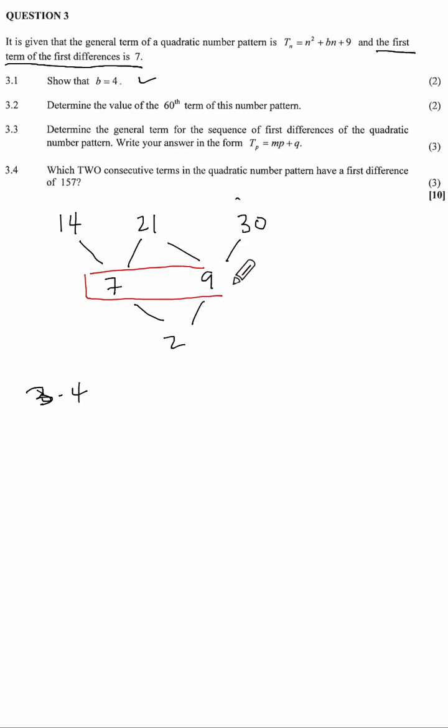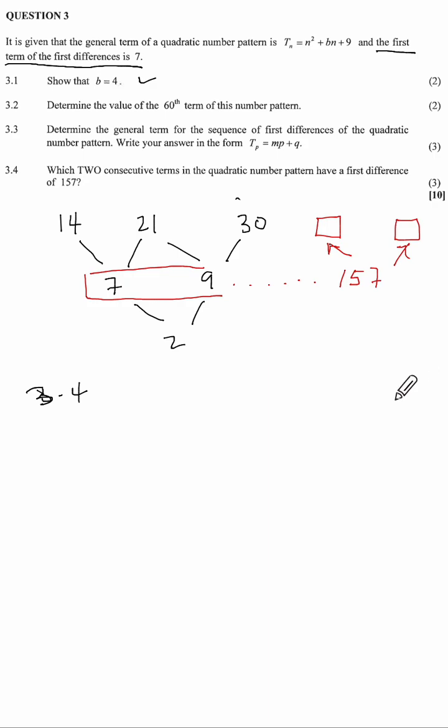In other words, if I were to continue this sequence of first differences until I get to 157, that 157 will be between which terms of the quadratic number pattern? So in other words, I have to find, in the arithmetic sequence of first differences, 157 is term number what?